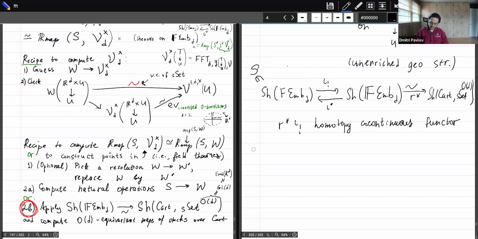So step 1: we are computing our scar of iota shriek, which I can call, in some easier to write notation, a curly C, applied to S.